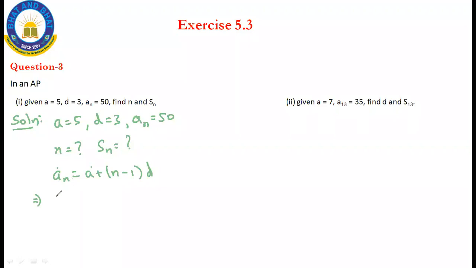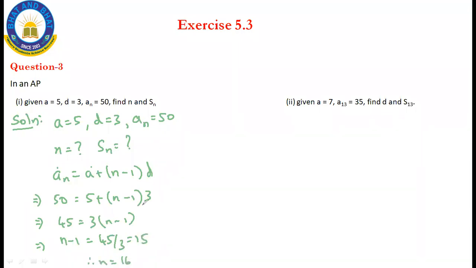That means an is equal to 50 is equal to 5 plus n minus 1 into d, which is given as 3. If I take 5 this side, we get 50 minus 5, that is 45, equal to 3 into n minus 1. Next step, n minus 1 is equal to 45 by 3, that is nothing but 15. Therefore, n is equal to 16.